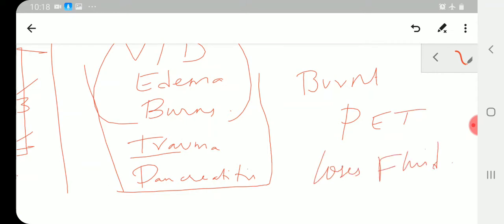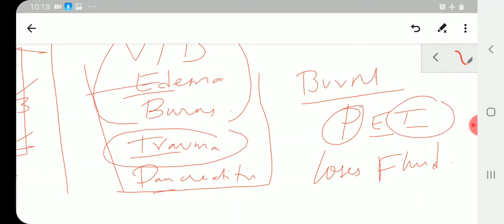Burnt pet, maybe a dog, maybe a cat. Burnt pet loses fluid. B stands for burns, P stands for pancreatitis, E stands for edema, T stands for trauma. So these four are covered.